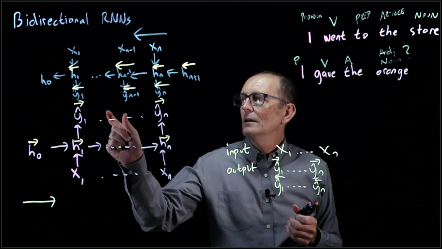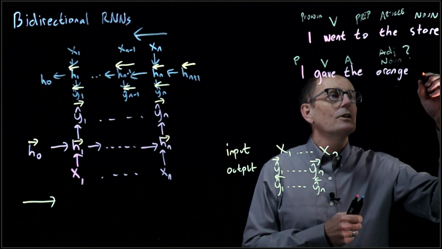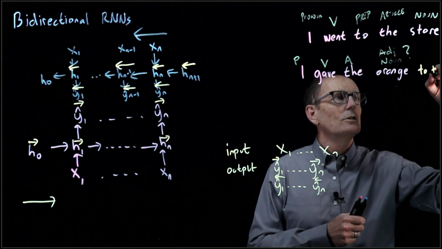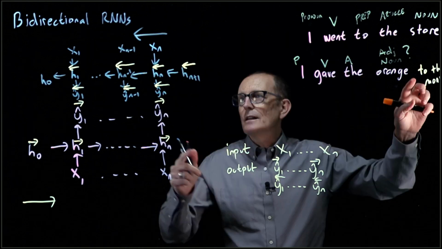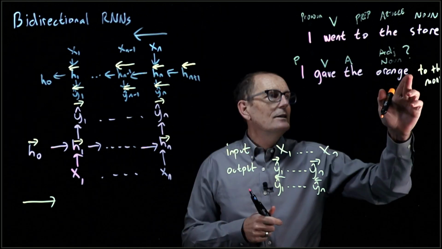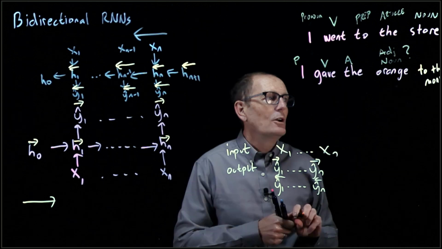In the back to front calculation, on the other hand, we would have the remaining words. So I gave the orange to the monkey. As we're going backwards, we'd be keeping track of the fact that we had seen the word a preposition. So we're going to first look at monkey, and then we're going to look at the, and then we're going to look at to.